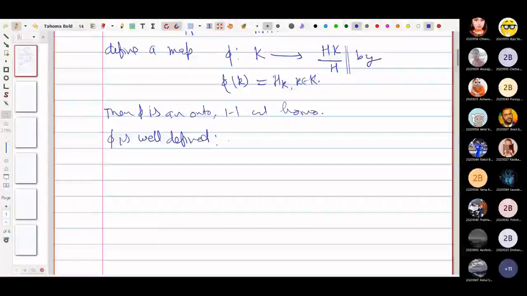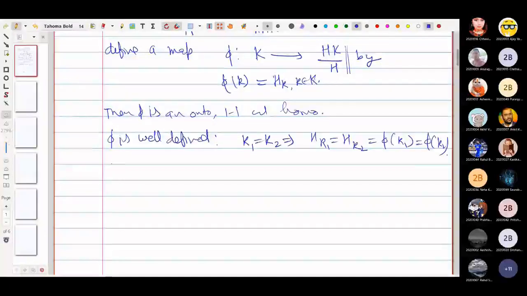For this, we need to take two elements k1 and k2, and if k1 equals k2, this would imply that Hk1 equals Hk2, that is, phi of k1 equals phi of k2. So this is the case.